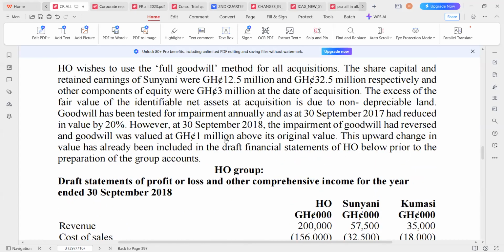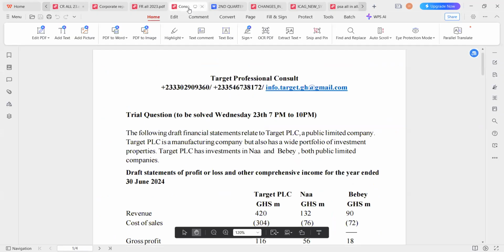This question is not different from the question we solved in class. The last time we did a question called target group. This is the target group question I'm talking about. It was also a step disposal.